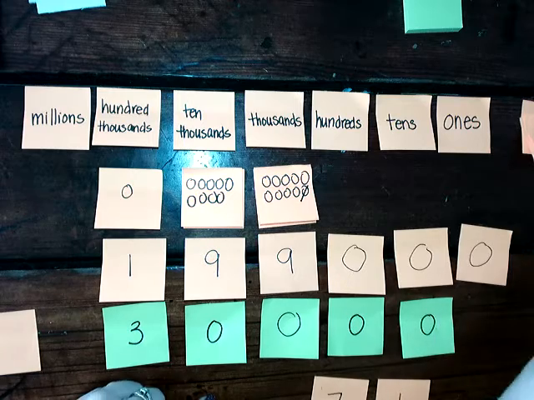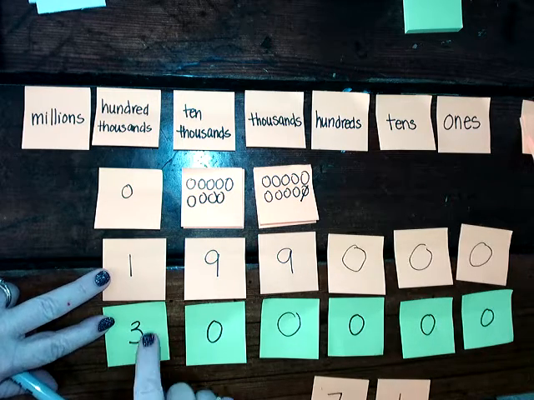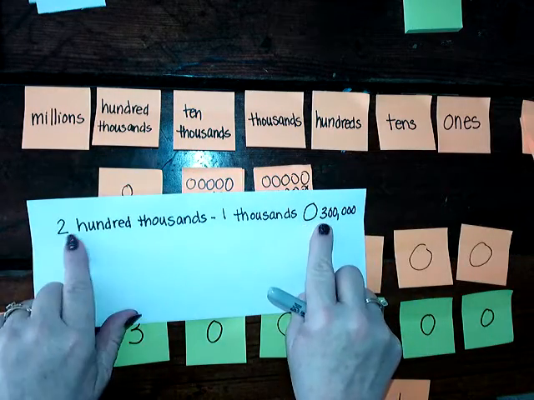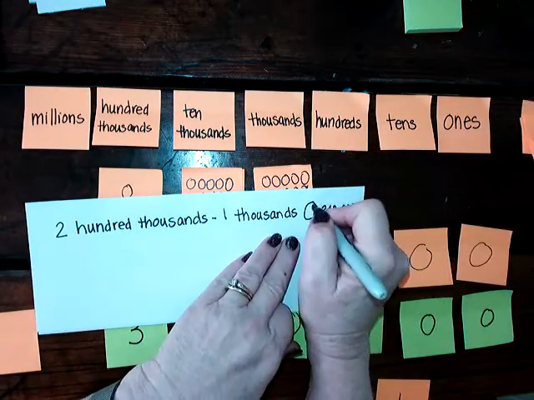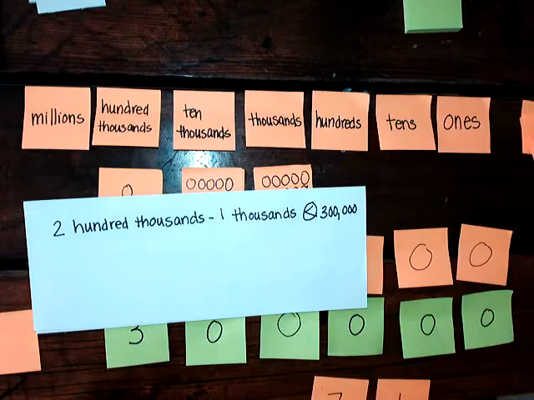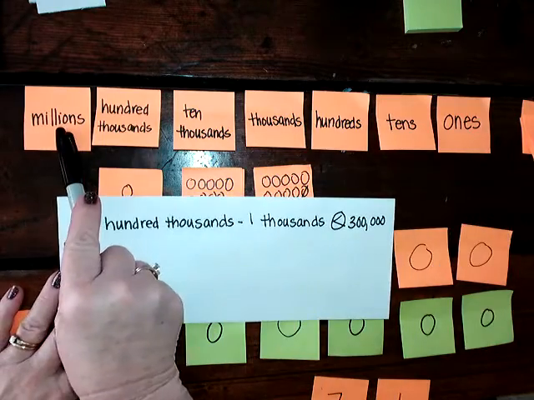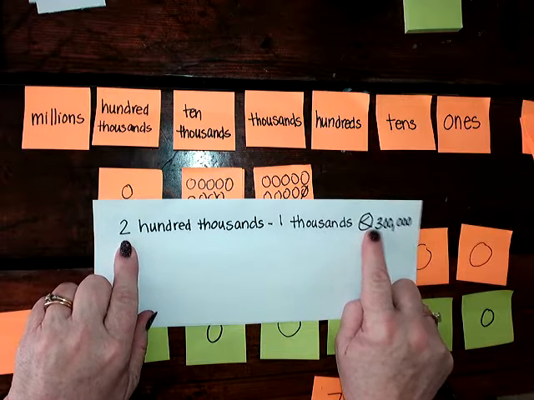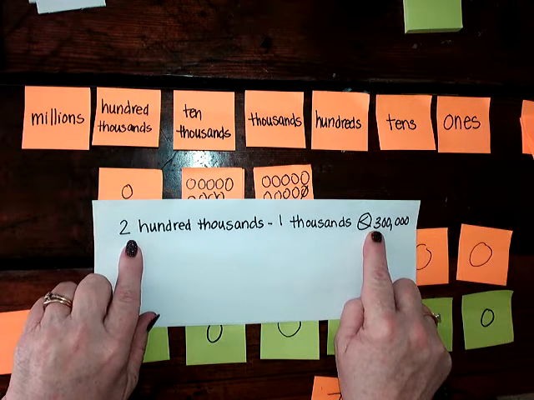and I can look at the 100,000s right away, and of course see that 300,000 is the larger number by comparing the 100,000s. I can either use the place value chart, or if I know them well enough, I can look at where the 100,000s are and compare them that way.